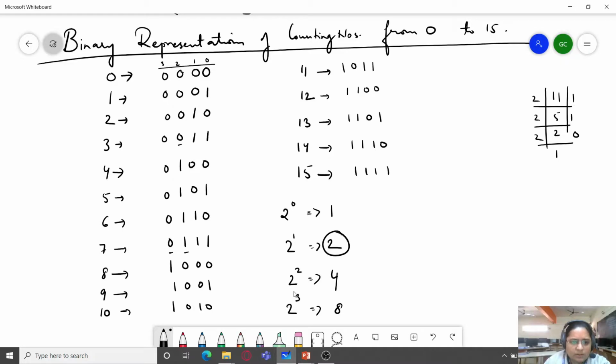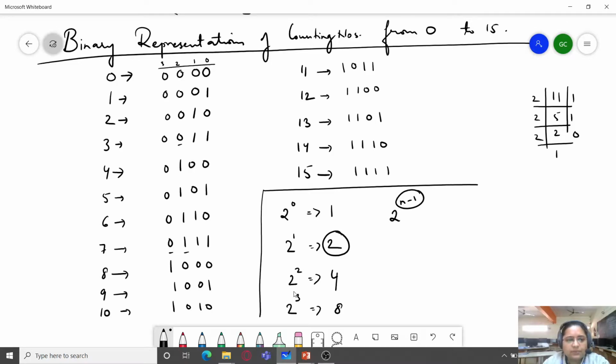So this follows a pattern, with a factor of 2 raised to the power n minus 1, where n minus 1 is the weight or the bit position. This works as a wonderful memory aid, and it helps us get the various combinations of bits for each of the numbers.